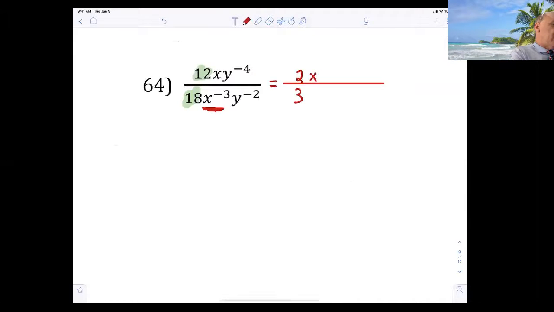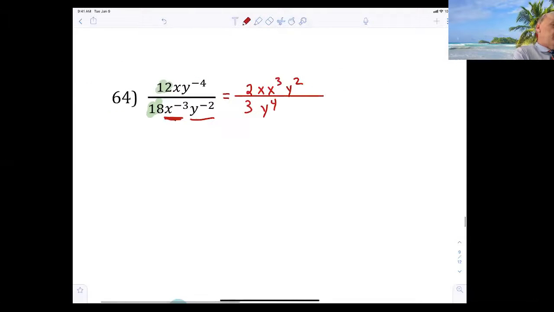So x times x cubed. The y to the -4 has to go where? As y to the 4th on the bottom, and then y to the -2 goes where? On top. That's a rule. Negative exponents need to be moved. Now you have to simplify. The fraction doesn't change. 2/3.